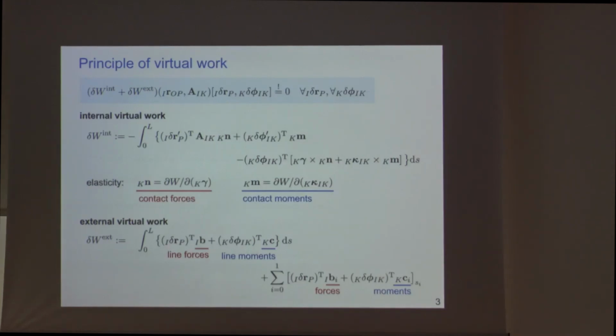Then the statics is, as commonly described, from the variational principle, the principle of virtual work, which states that the internal plus external virtual work has to vanish for all virtual displacements and all virtual rotations.